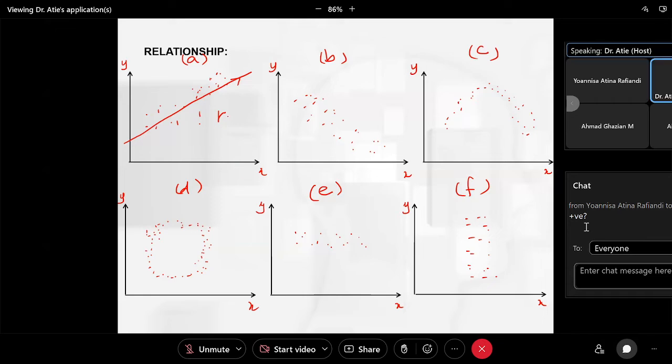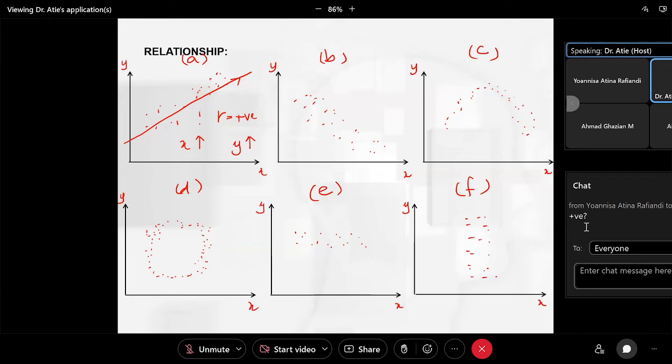So we can say that the relationship is positive. When I say the relationship is positive, it means that when x increases, y also will increase.